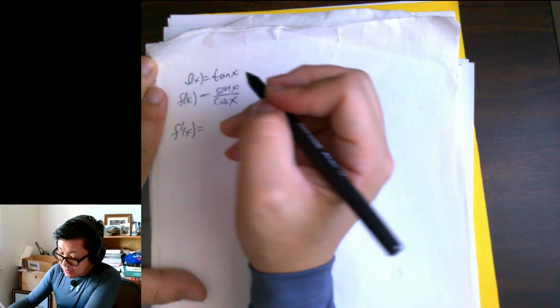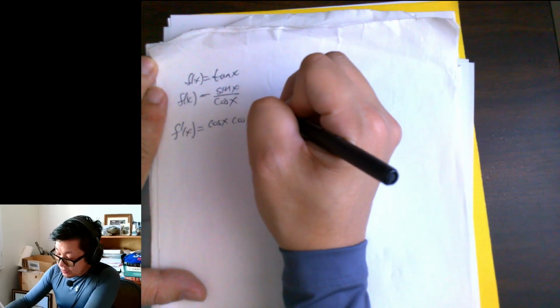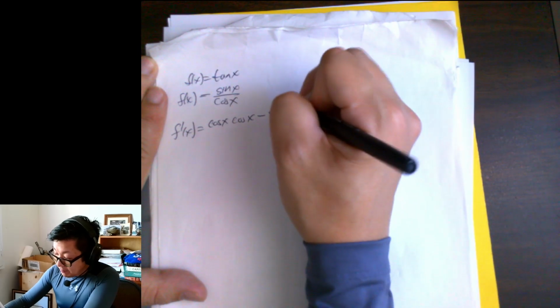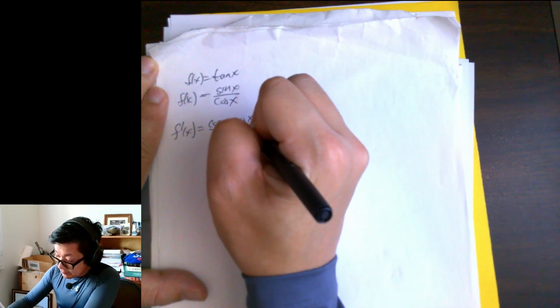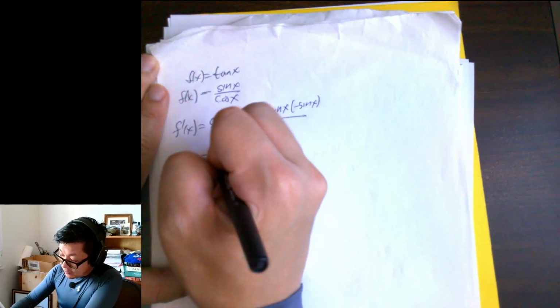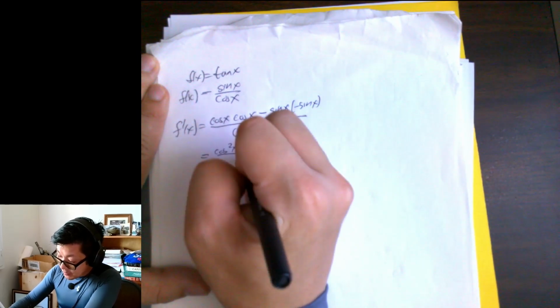So that's going to be derivative of the top times the bottom minus top times the derivative of the bottom over the bottom squared. This top becomes cosine squared plus sine squared. The bottom is just cosine squared.